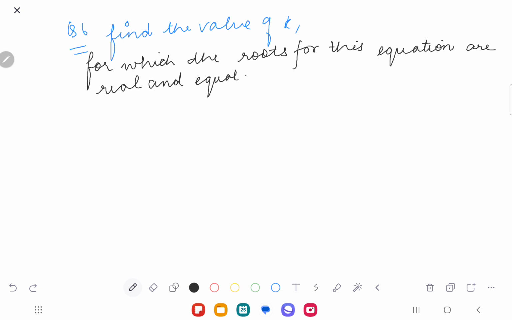Real and equal. That's the question. And what is the equation?